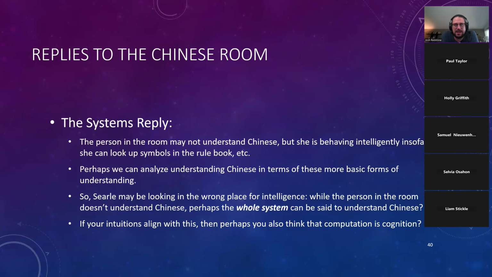So maybe we can talk about understanding Chinese in terms of these more basic forms of understanding. And so maybe Searle's looking for intelligence in the wrong place. It's not the person that does or doesn't understand Chinese, it's the whole system. Just like in my brain, there's no single neuron that knows that I am a philosophy professor, but the whole being that is me knows that I am a philosophy professor, right?